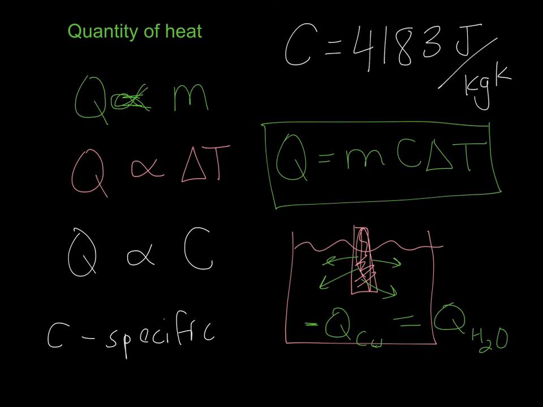The final temperature of both will be the same. So when you expand the delta T, you get T final minus T initial, and T final will be the same on both sides of the equation, negative Q equals Q, when they finally reach thermal equilibrium.